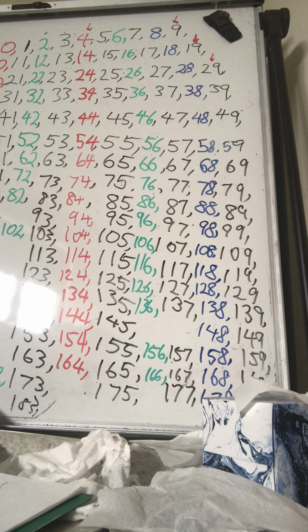7. Alright, 7. So is 7 a multiple of 3? Is 7 on the 3 times tables? I think no. Well, how would you know?